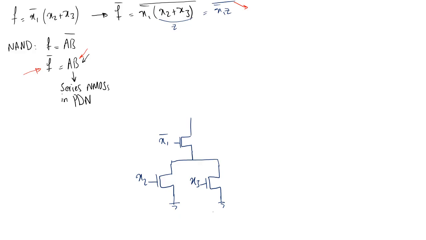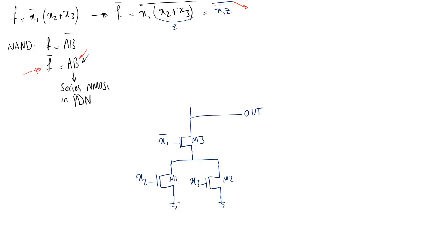So for the pull-up network, I know that the output is going to be at the midpoint. Let's name the transistors M1, M2, and M3. The transistor connected to x1 bar, M3, was in series with the parallel combination of the other two, right?